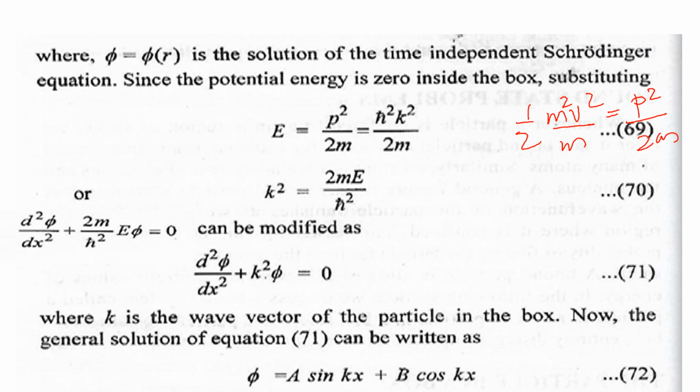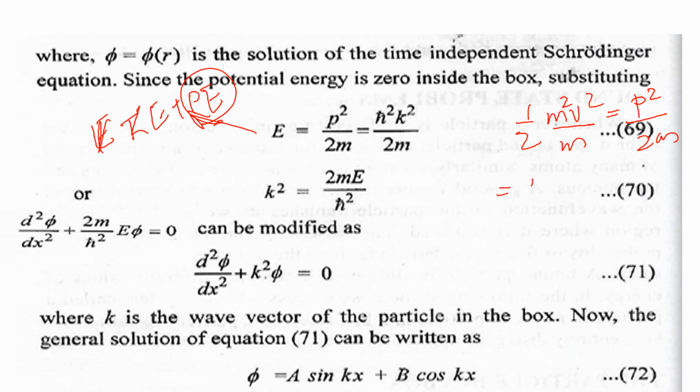That is the kinetic energy, because total energy E is kinetic energy plus potential energy, but here inside the box the potential energy is considered 0. Therefore the total energy is purely kinetic.